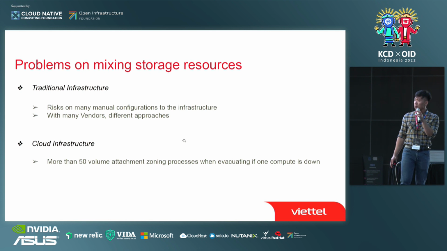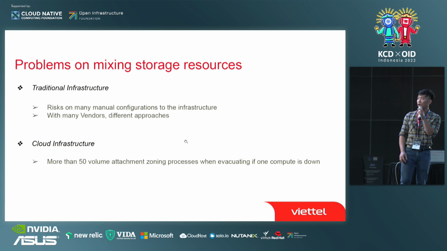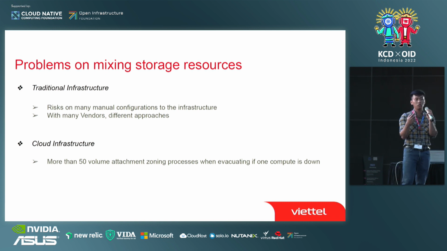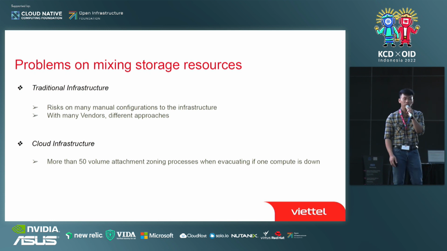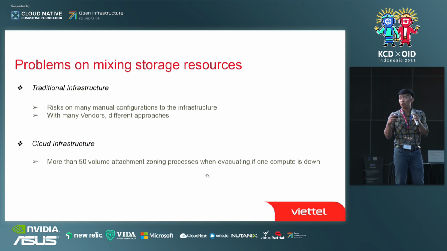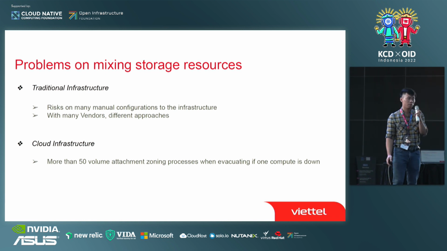Let's assume one virtual machine has 2 or 3 volumes, and one of our computes has 15 to 20 virtual machines. That means there will be more than 50 volume attachment zoning processes when we try to evacuate if one compute is down.